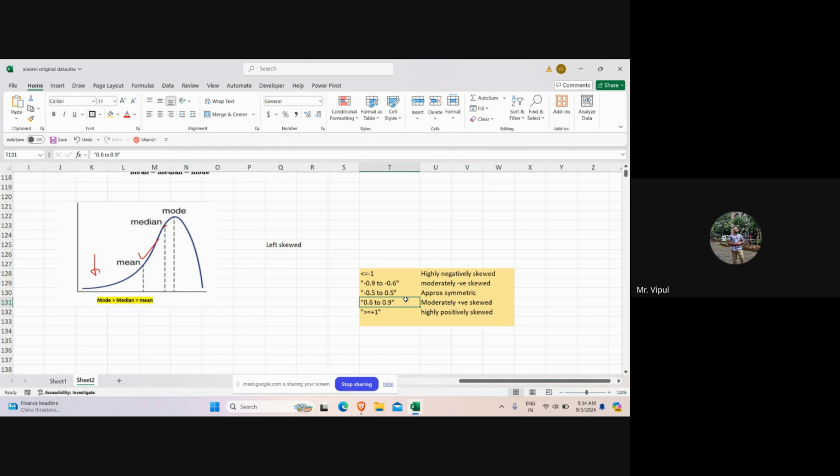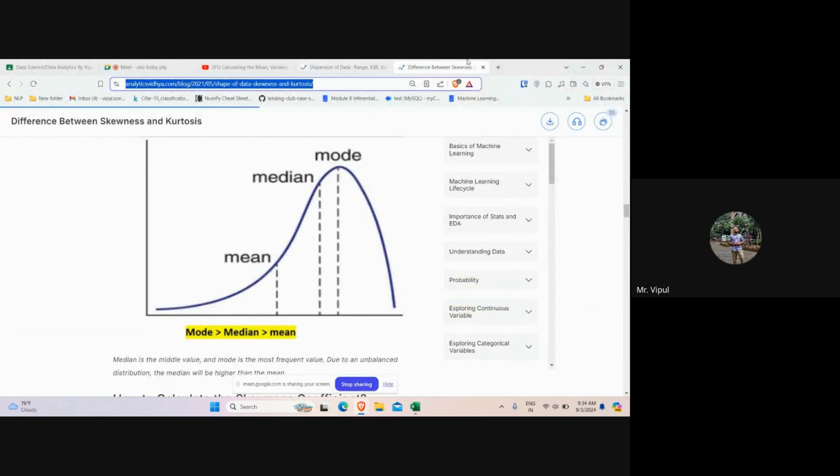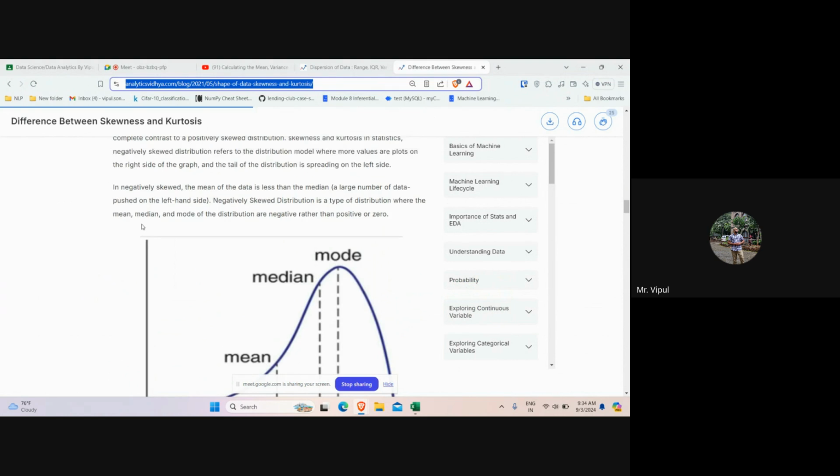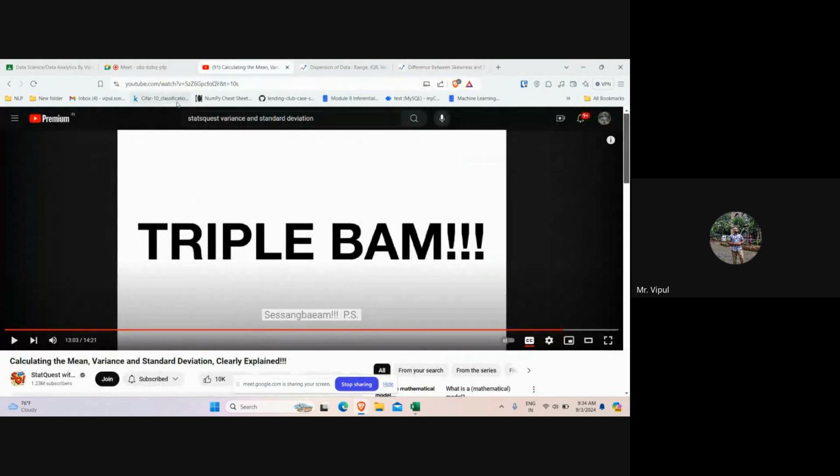So these are the ranges. You have to remember this to understand the type of skewness or kurtosis. Now let us read about this. Instead of reading, let's watch the video.